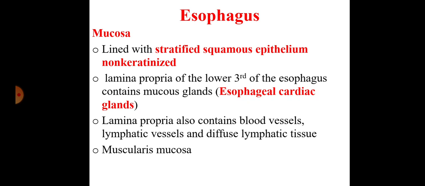Deep to the lamina propria there is muscularis mucosa, similar arrangement, except that in the lamina propria there are mucous glands in the lower third of the esophagus.